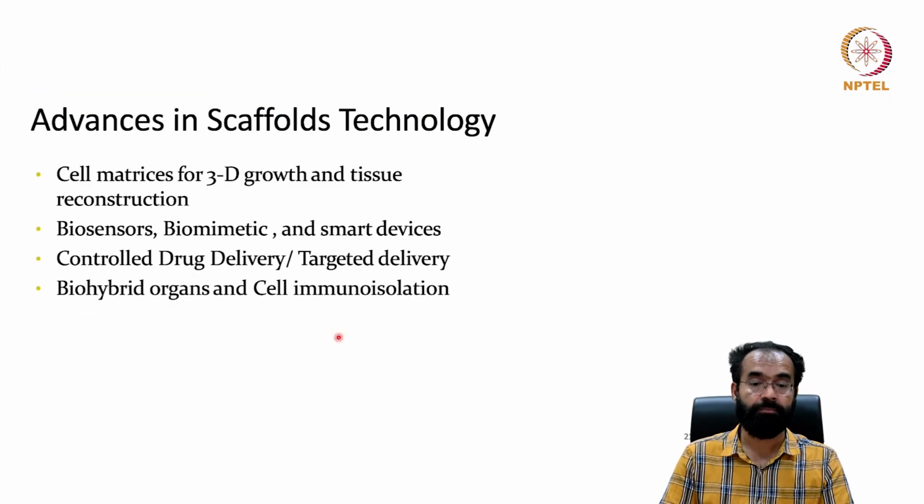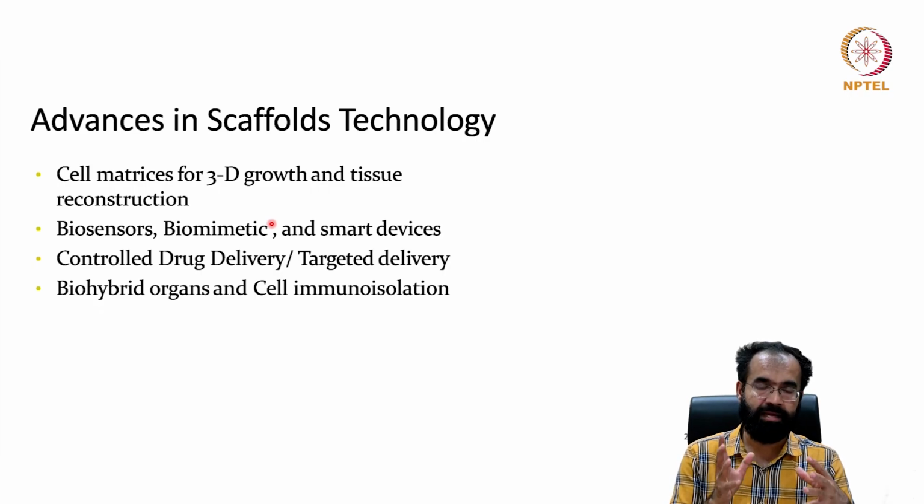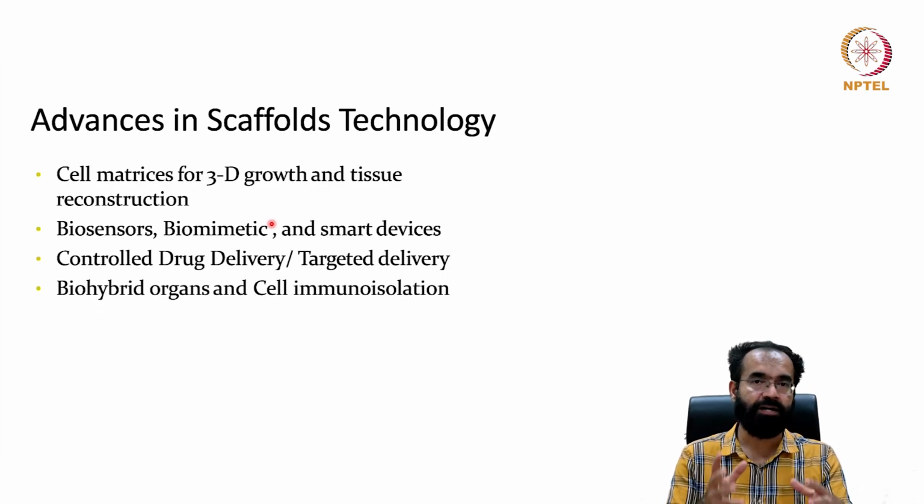So, advances in scaffold technology: we need to know cell matrices for 3D growth and tissue reconstruction. Any shape of tissue you want to make, you must have a suitable scaffold. We don't have a universal scaffold, like a Swiss Army knife, one solution for all.